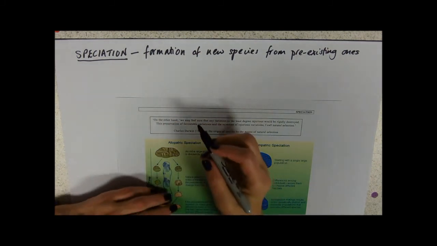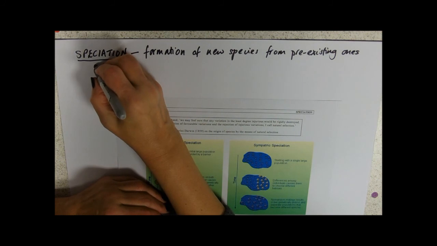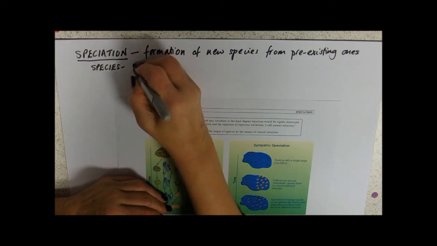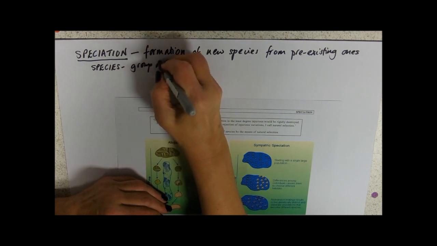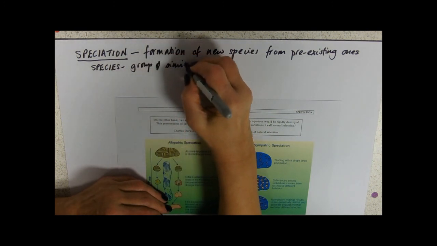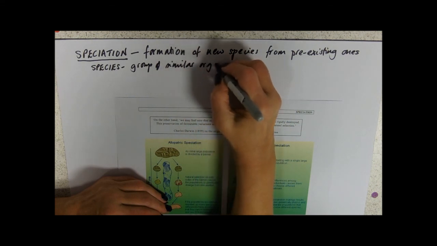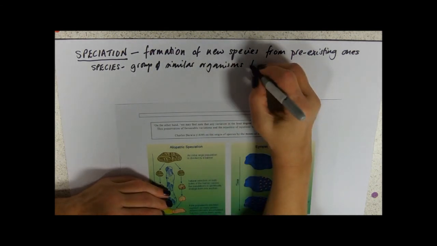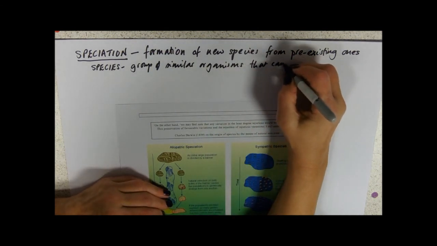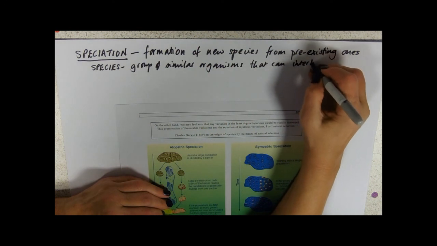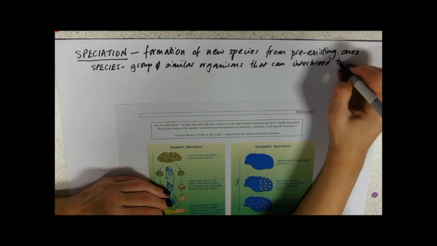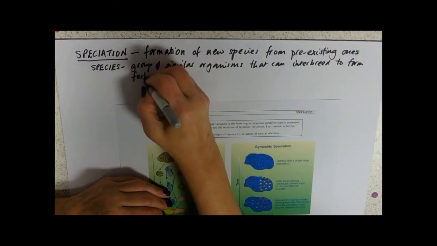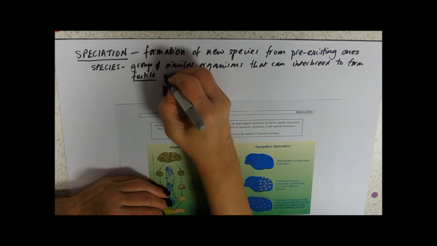And I think this is probably a good place to remind you what a species is. So these are a group of similar organisms that can interbreed to form, and this is key, fertile offspring.